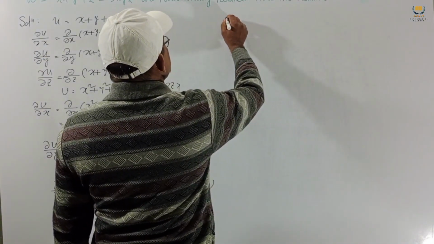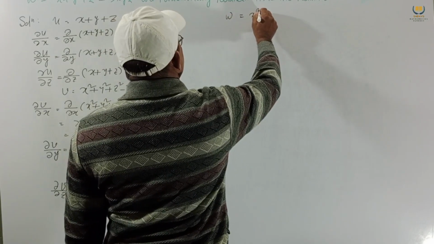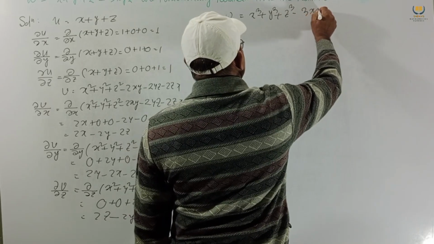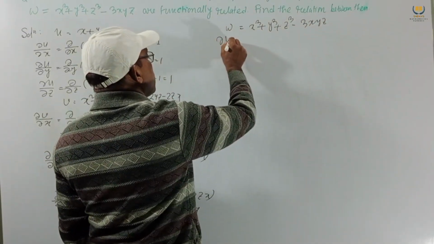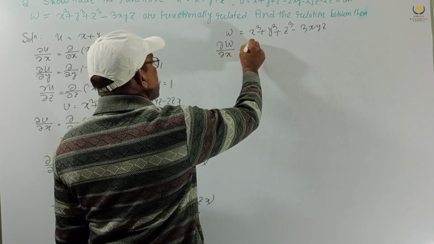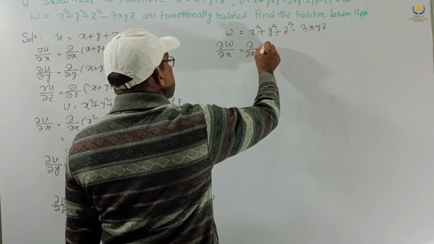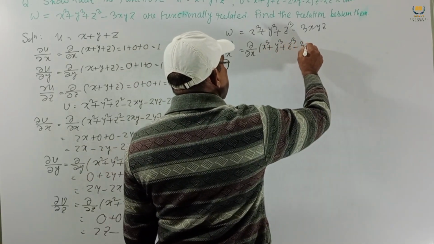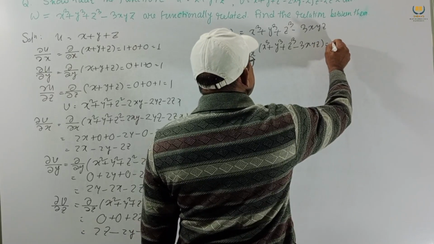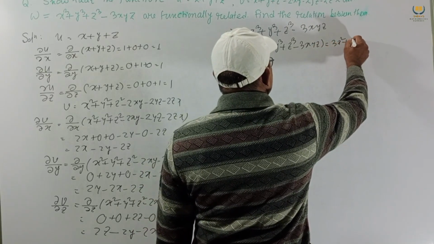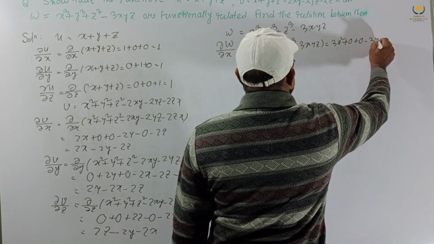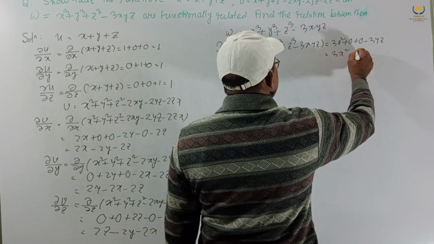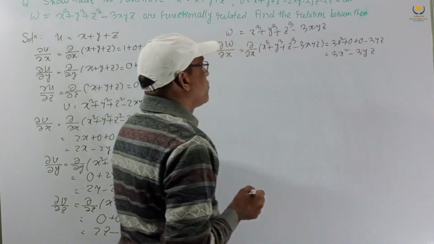Now we consider w equal to x cube plus y cube plus z cube minus 3xyz. Del w del x equals del x of x cube plus y cube plus z cube minus 3xyz, and this is 3x square plus 0 minus 3yz, which equals 3x square minus 3yz.